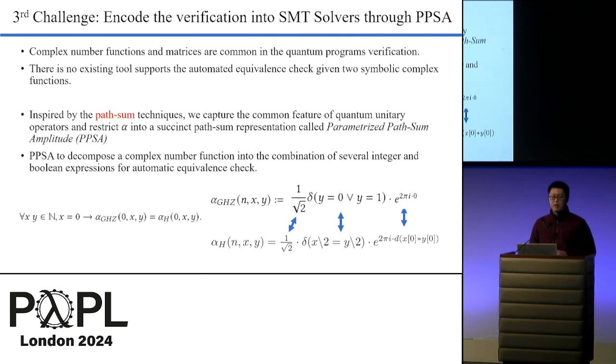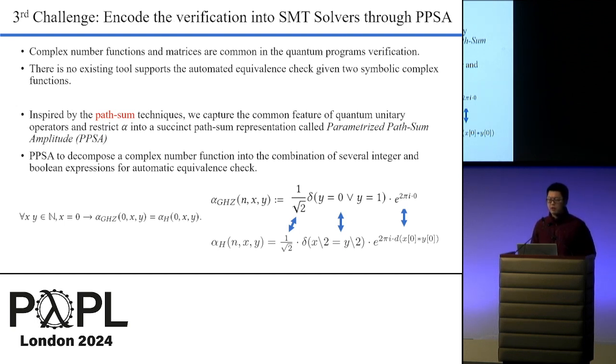And based on this common feature, we designed a new representation named parameterized path-sum amplitude form. The key idea of this PPSA form is that it will restrict each unitary operation into a special form, which makes it so that PPSA can decompose a complex number function from the unitary program into the combination of several integer and Boolean expressions.